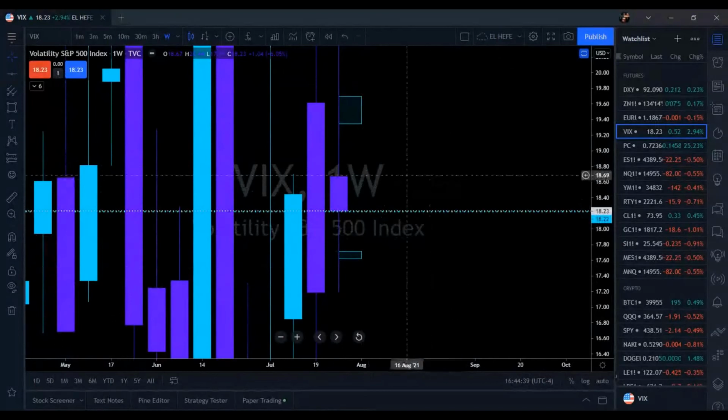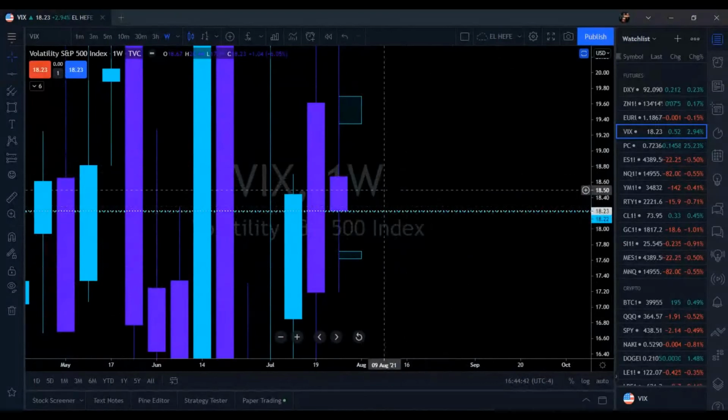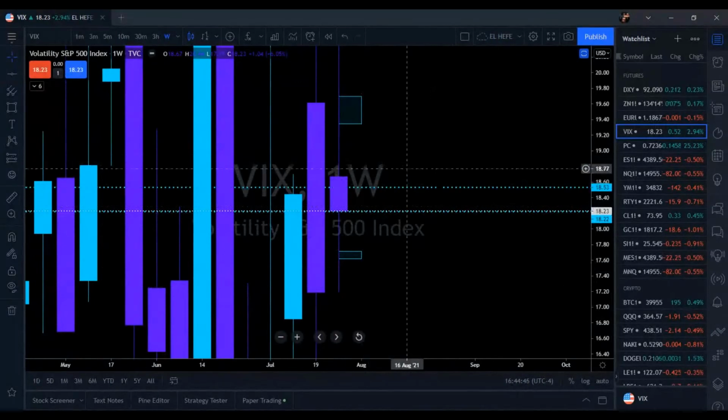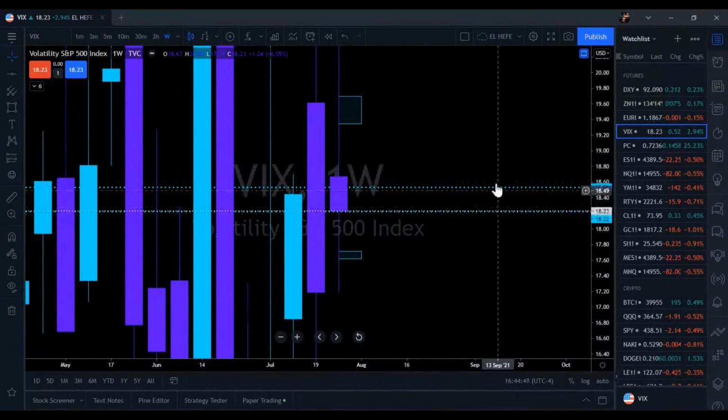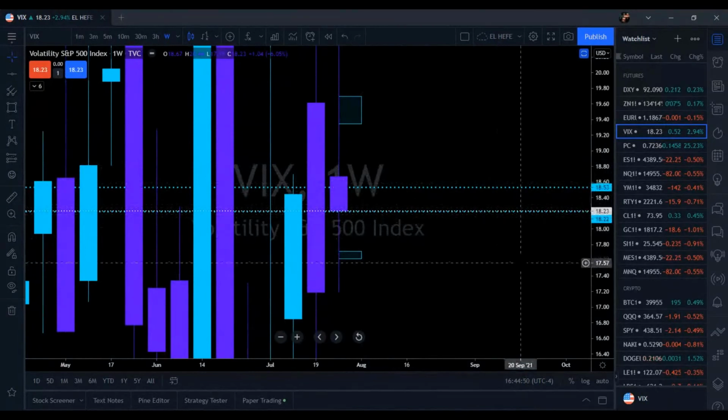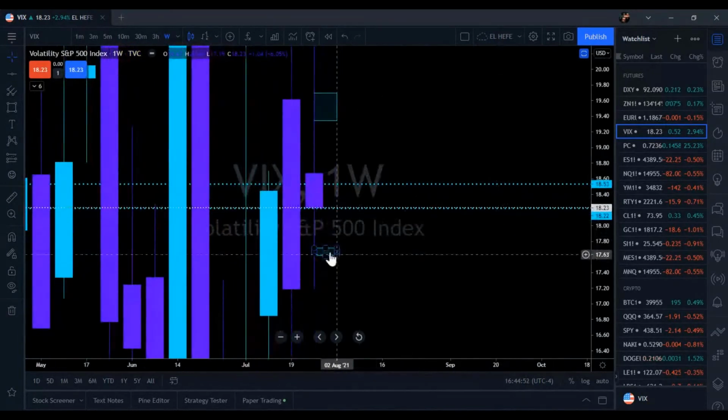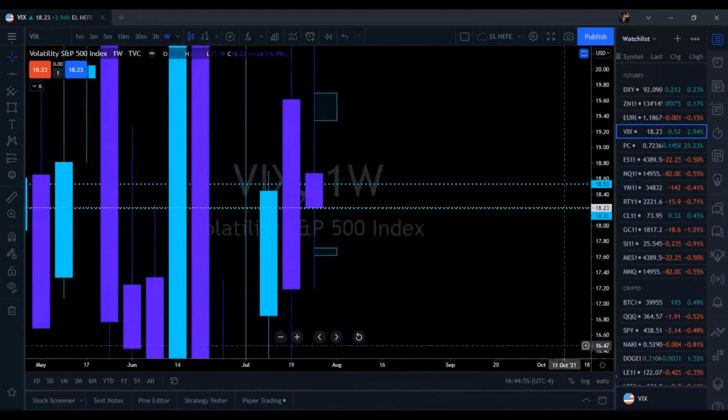Now, whatever the open is, I'm gonna put another line. Just say the open is right here, I'm gonna put it right there. That'll be my weekly range. That does not change. The only thing that's gonna change will be like these boxes, which would be in Daily.